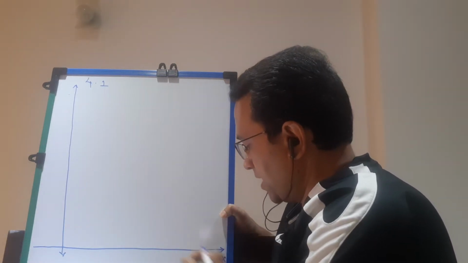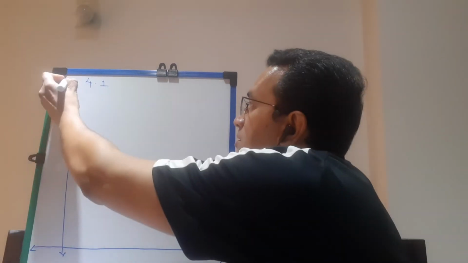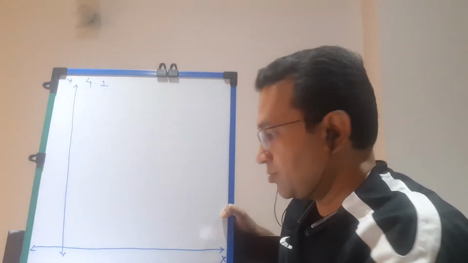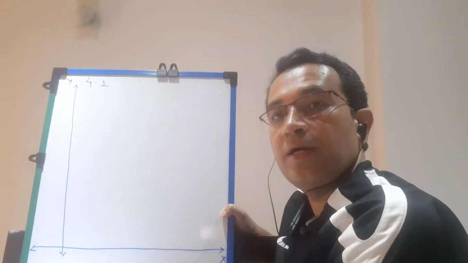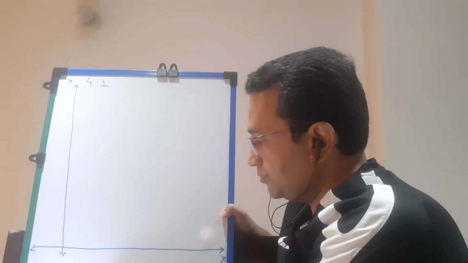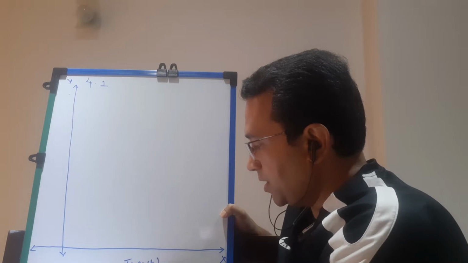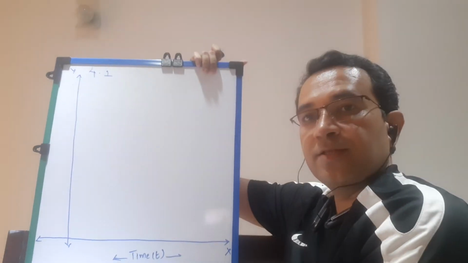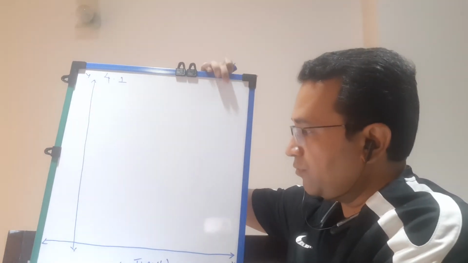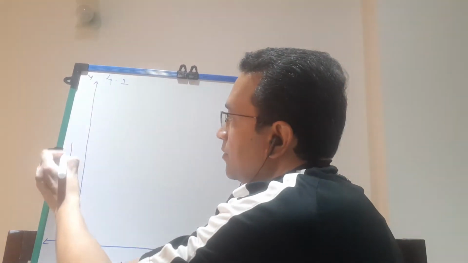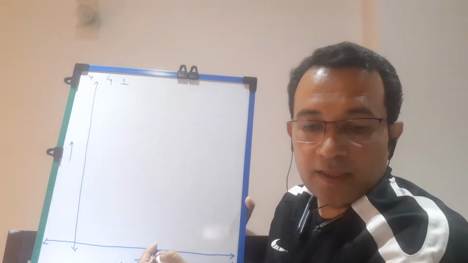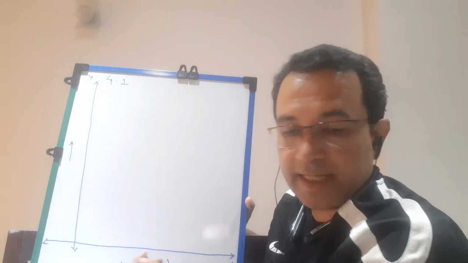Say this is the x axis, this is the y axis. On the x axis we have time period t. And on the y axis we have the variable quantity yt, which is capacity in lakh tons.